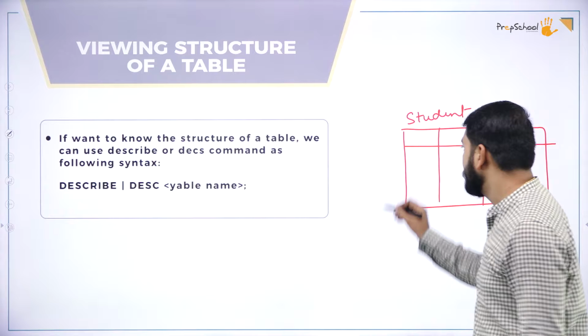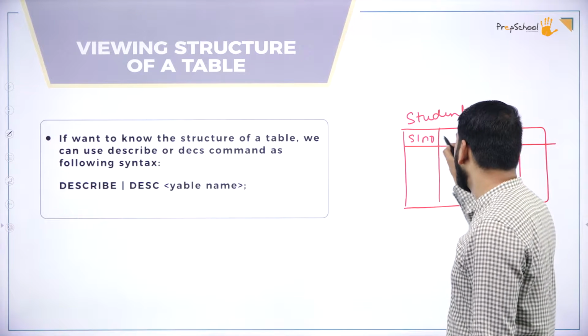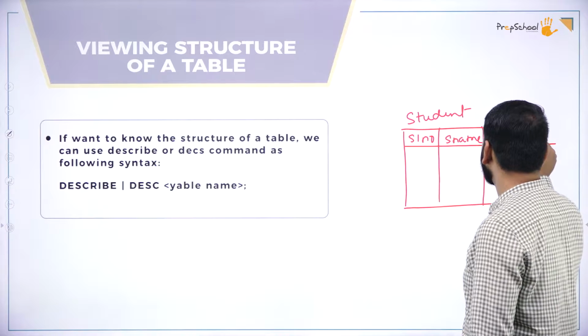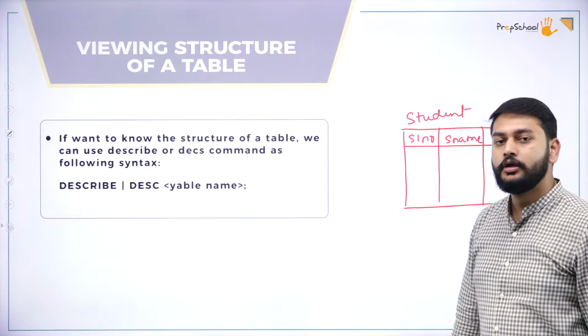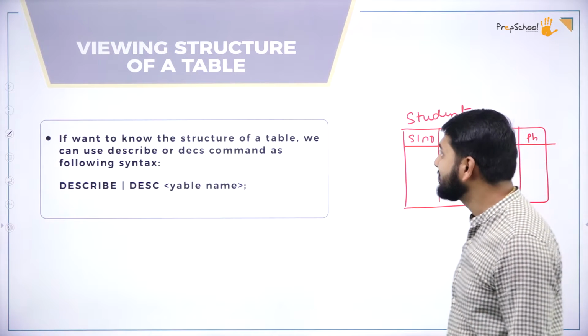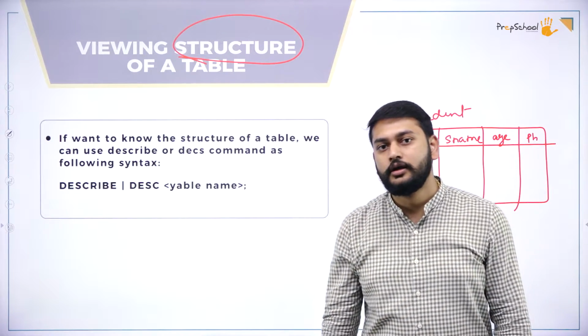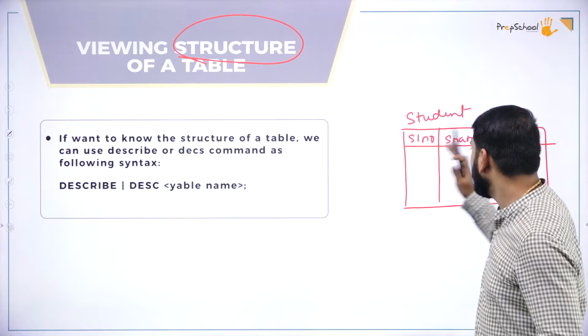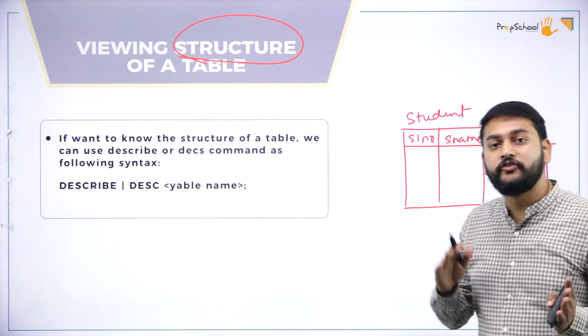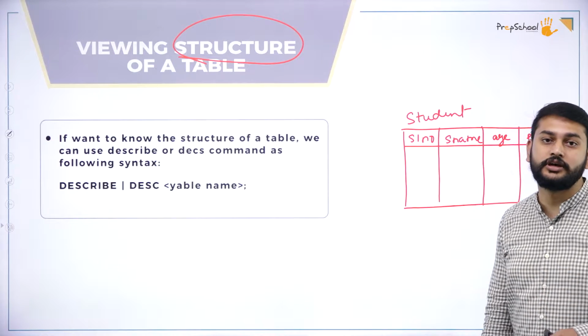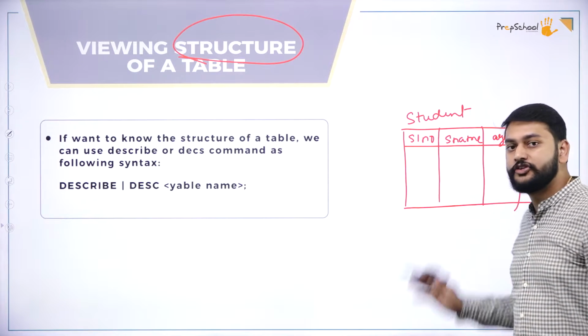The first column name is serial number. Second column name is student name. Third column name is age. Fourth column name is phone number. This is the table, but please understand, I am speaking with respect to structure of the table. Structure of the table in the sense, how many columns you have, what type of data type you can store inside the table. That is what I will call structure. And in what order you have the columns.